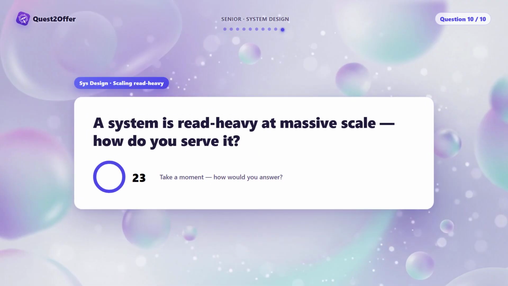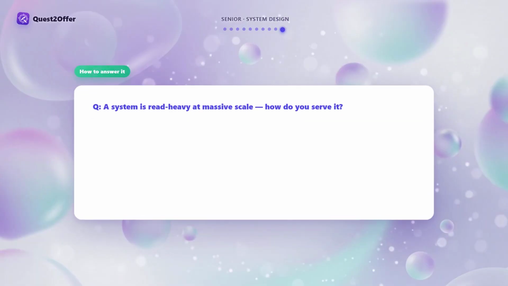A system is read-heavy at massive scale. How do you serve it? Layer it.